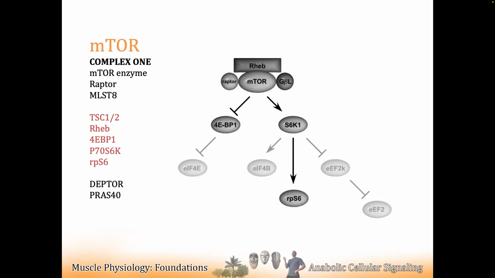You don't need to know this, but when mTOR phosphorylates it, it detaches from that. And it's then free to phosphorylate its own targets. So RPS6, that's the only one you need to know. Ribosomal protein S6. That's what P70S6K is named after, P70 ribosomal protein S6 kinase. So P70S6K phosphorylates RPS6.